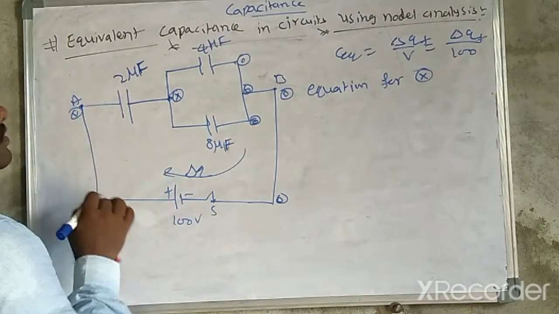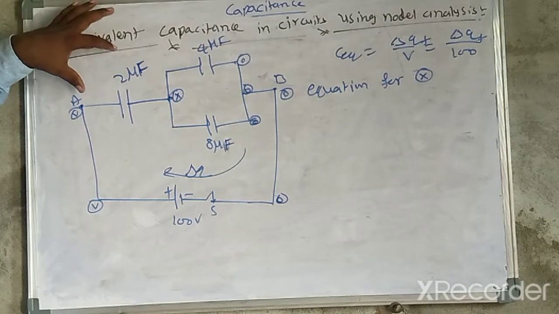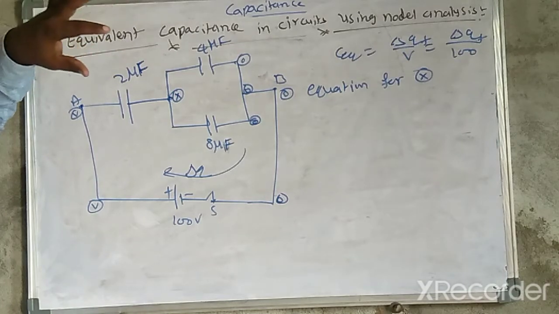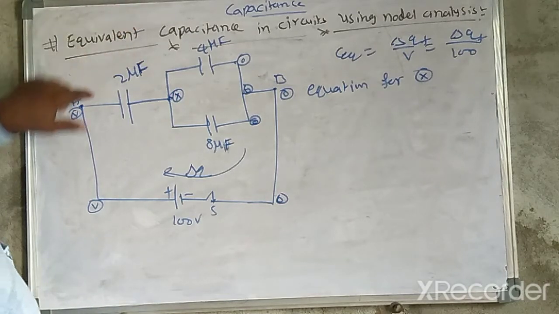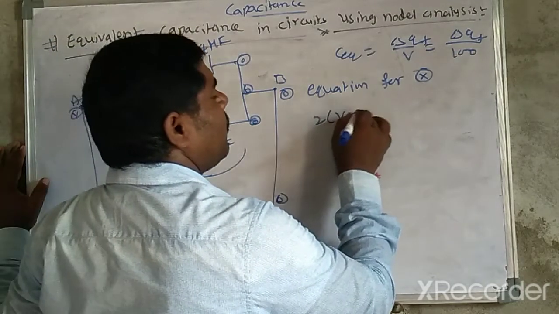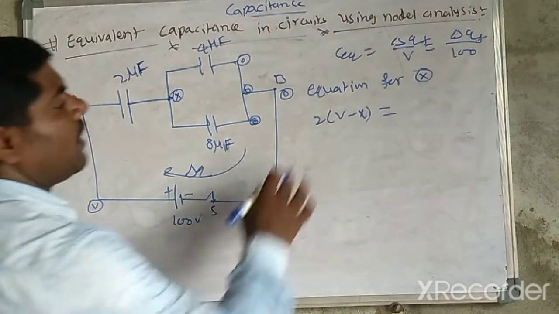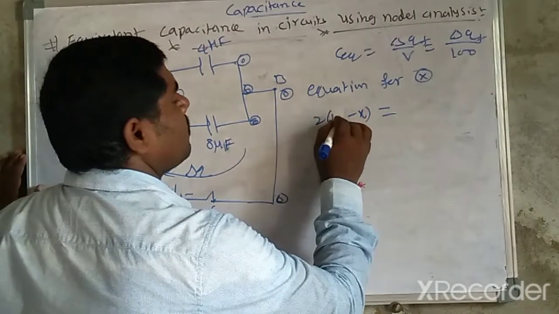So at x, the total charge must be equal to 0, meaning V minus x into 2 microfarad, 2 into V minus x, where V is 100. So here 100 minus x.